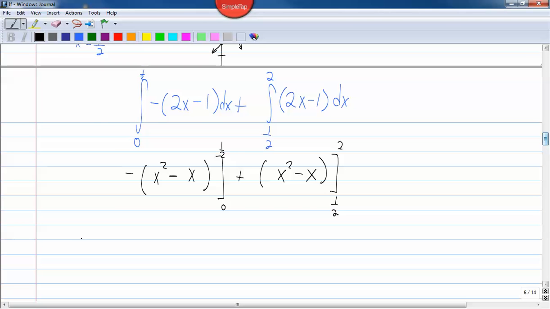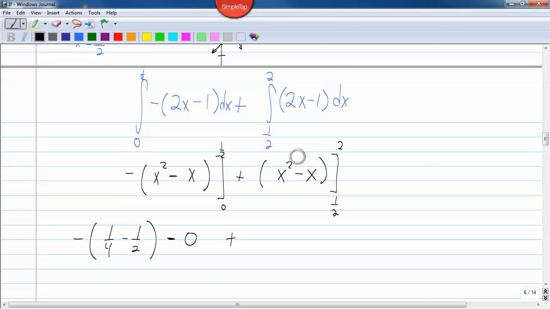Alright. So that's the negative of 1/4 minus 1/2 minus, oh, well, I don't want to skip anything. Minus what? What happens when I plug in 0? I get 0 for both of those.